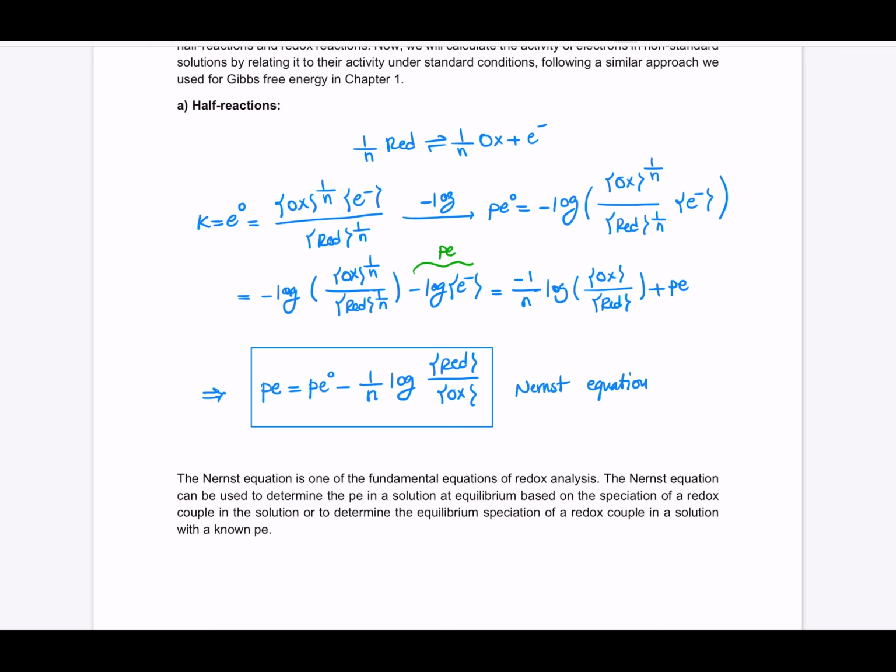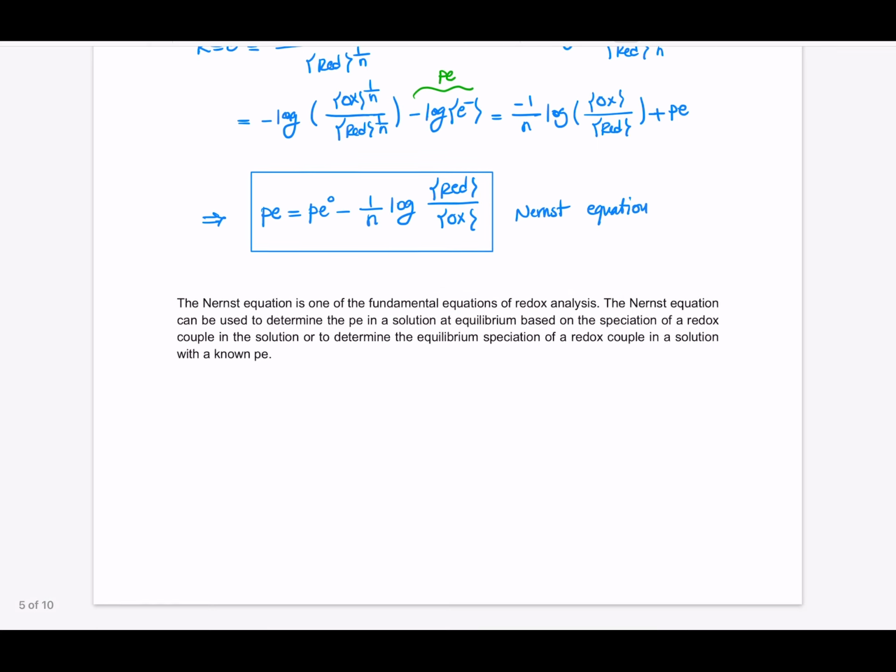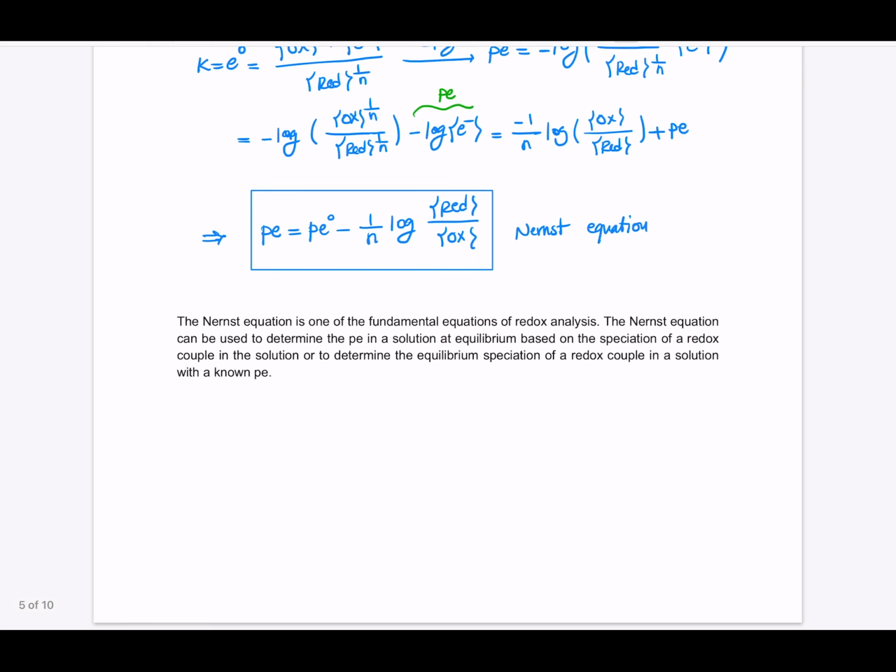So the Nernst equation is one of the fundamental equations of redox analysis. As I mentioned, if not the most important, it's one of the most important relationships that we have for redox reaction. So what it says is basically it determines the PE, activity of electron, in a solution at equilibrium based on speciation of a redox couple, or it determines the equilibrium speciation of a redox couple in a solution with the activity of electron.